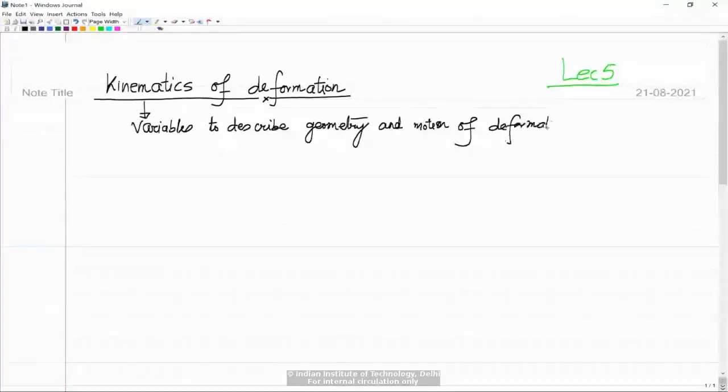So this is done without bothering about who is causing this deformation. So that is called kinematics. When you talk of the motion or the deformation without bothering about why such a motion or deformation is occurring, that is kinematics.